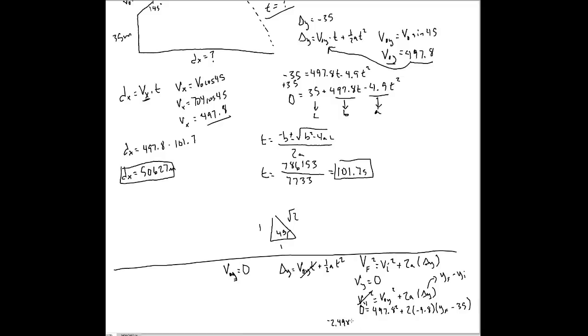So negative 2.49 times 10 to the 5th equals 2 times negative 9.8, which is going to give me negative 19.6, and then that times y final minus 35. Now, those of you that want to distribute this negative 19.6, you can. You don't have to, though.